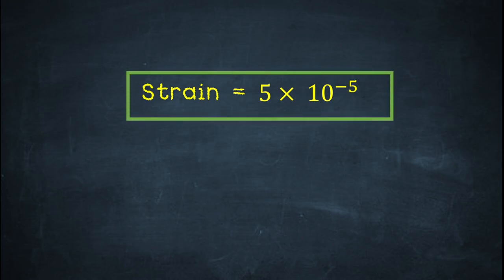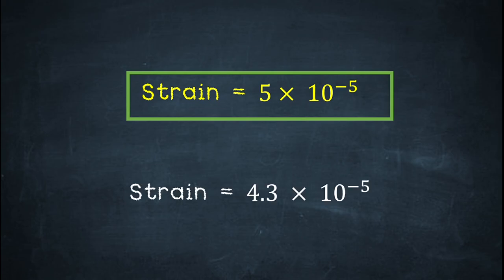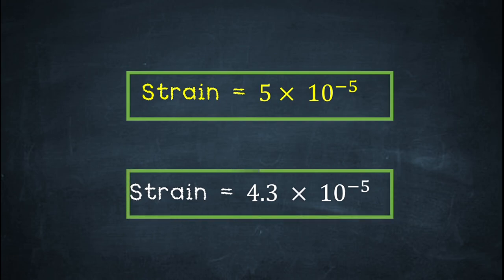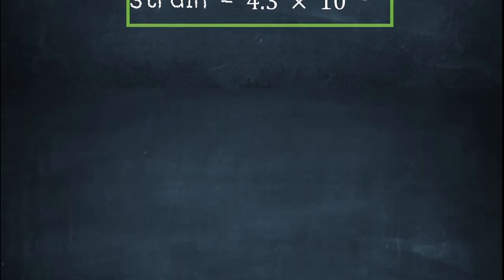This is the strain as mentioned in the example, but the strain of the assignment was 4.3 × 10^-5. You can see that there is not much difference between the two values. It's 5, it's 4.3, but considering the factor of 10^-5, the difference is so small that it can be neglected.